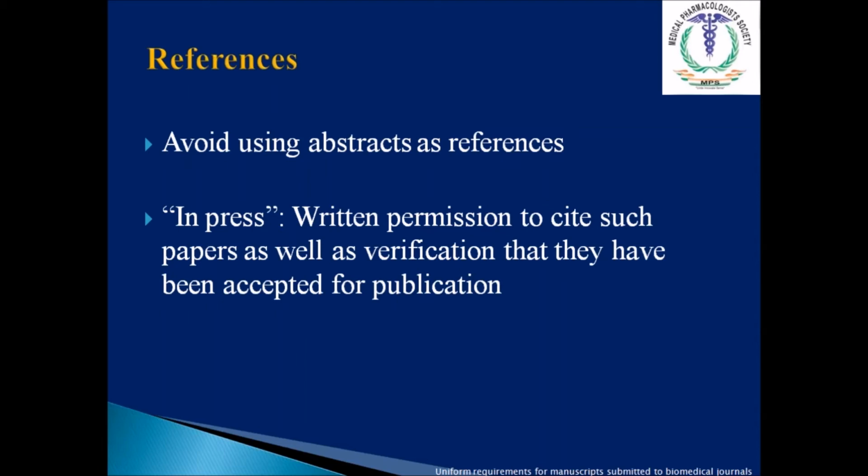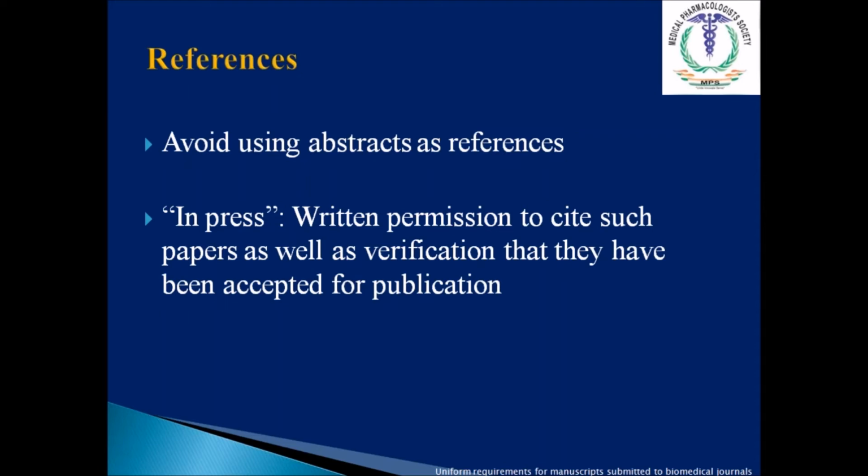Ideally, the author should have published that paper by now. If he has not, that means either there was some issue in the publication, the quality of data was not good, or something else we have to be suspicious of. Therefore, try to avoid giving an abstract as a reference as far as possible, unless it's a very recent abstract from last year or a couple of years back.